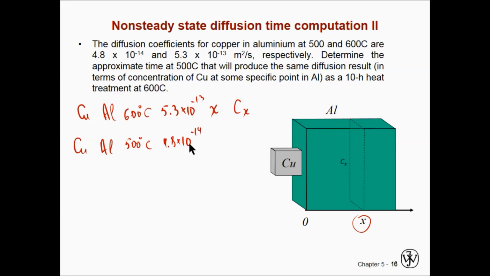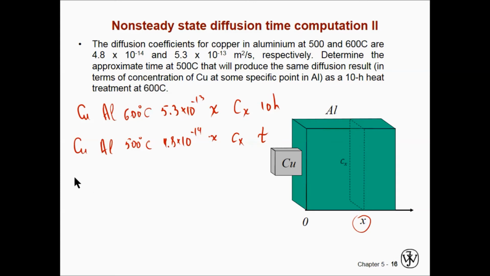Now it says that I am changing temperature, but I want to achieve the same concentration of copper at the same distance below the surface. So it says for this first process it took 10 hours to do it. How long will it take if I decrease temperature? That's our problem.